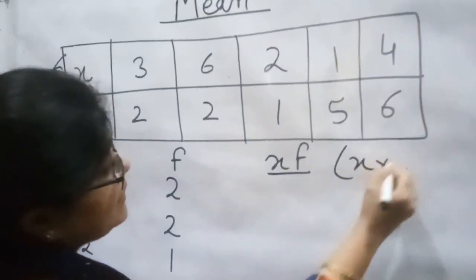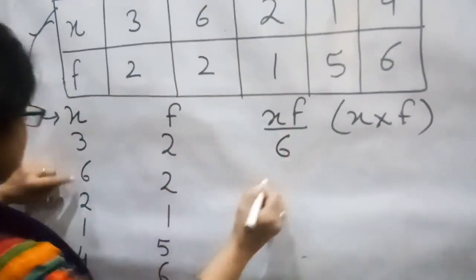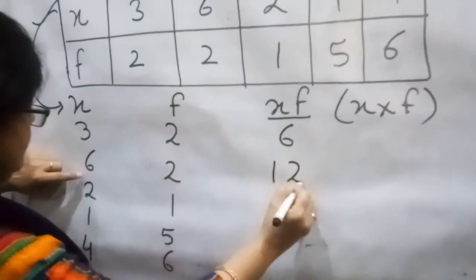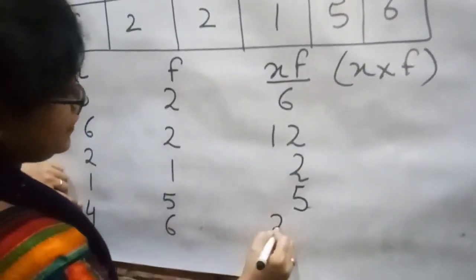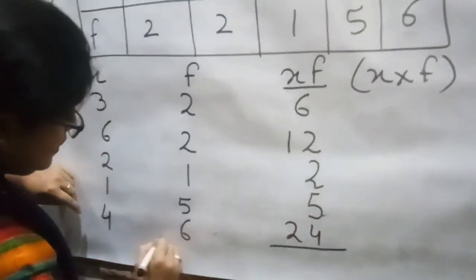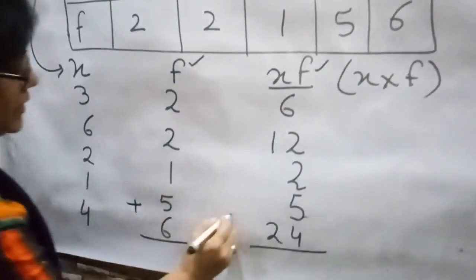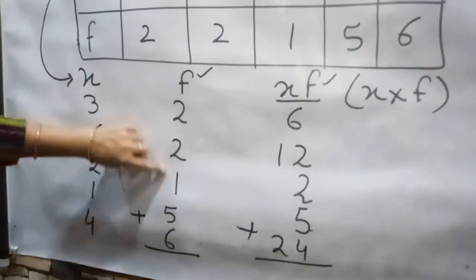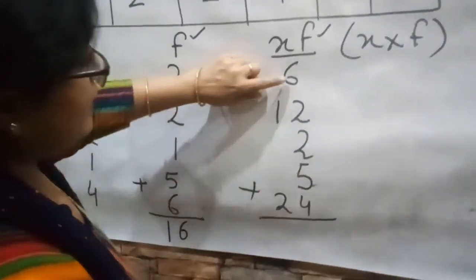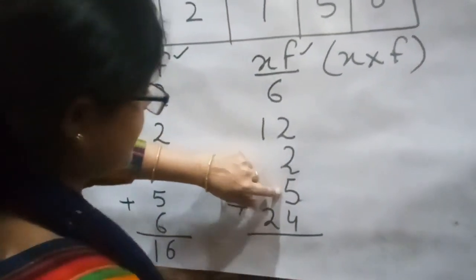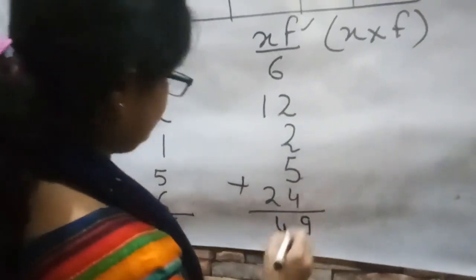That means we have to multiply both. 3 2s are 6, 6 2s are 12, 2 1s are 2, 5 1s are 5, 4 6s are 24. Now this frequency and fx, just make sum of all these: 2, 2, 4, 1, 5, 5, 10, 16 here, and here we have 6, 4, 10, 5, 15, 4, 19. 2, 1, 3, 1, 4.